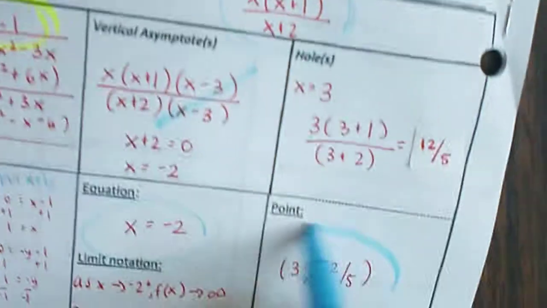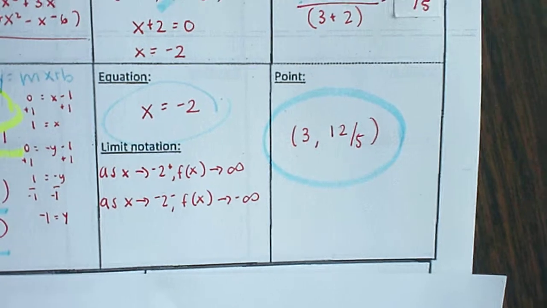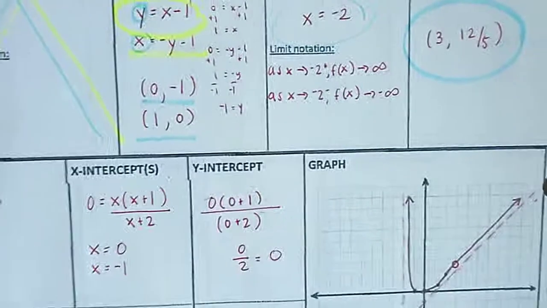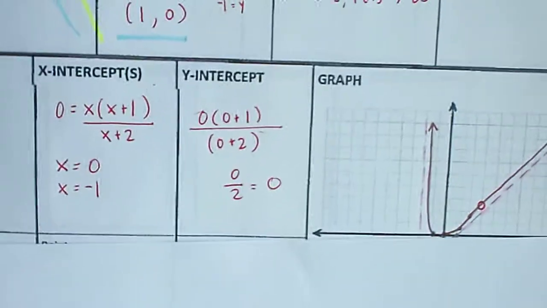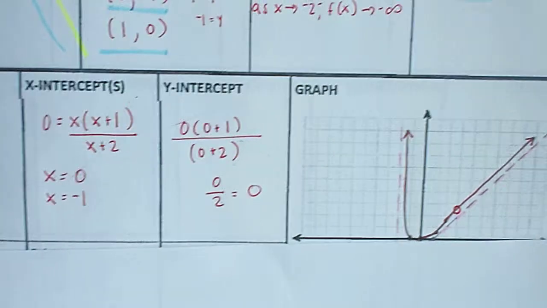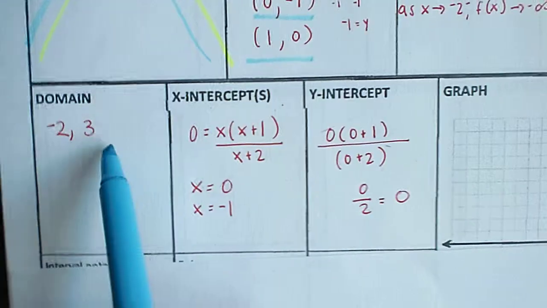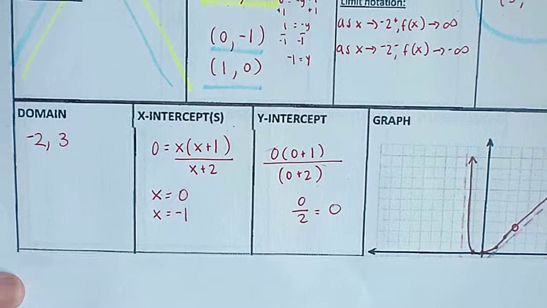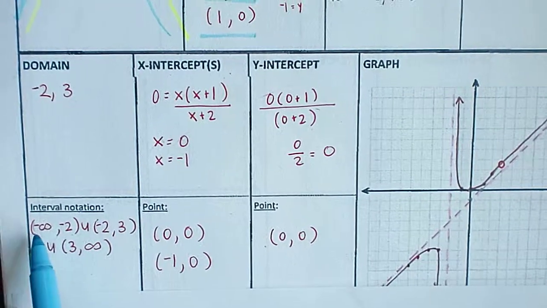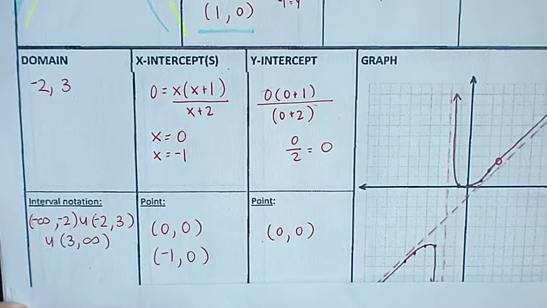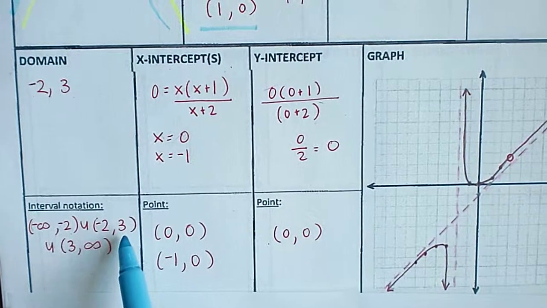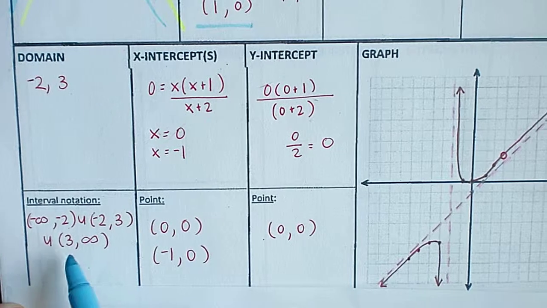So our point will be (3, 12/5). Now, when finding the domain, we look at the bad values, which are negative 2 and 3. In interval notation, it will be negative infinity to negative 2, union negative 2 to 3, union 3 to infinity.